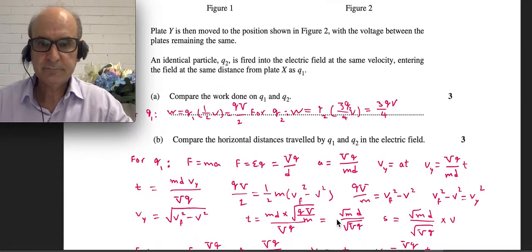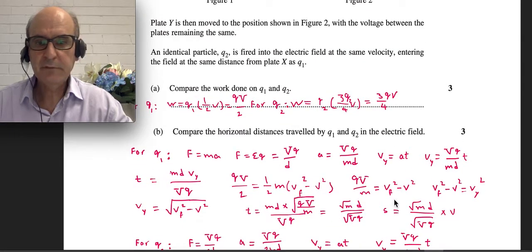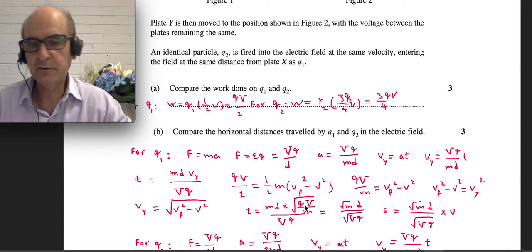And from here, we find Vf squared minus V squared to be 2 times Qv divided by m, and that halves cancel out, and we end up with Vf squared minus V squared equal to Qv over m. Just a simplified form of this, making Vf squared minus V squared the subject.